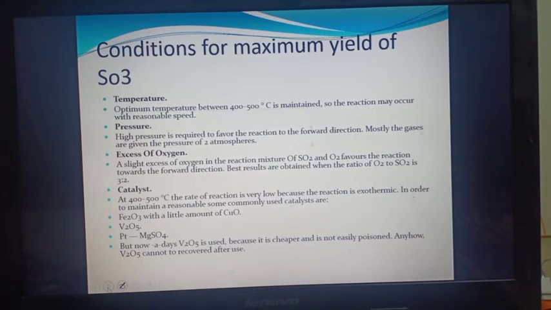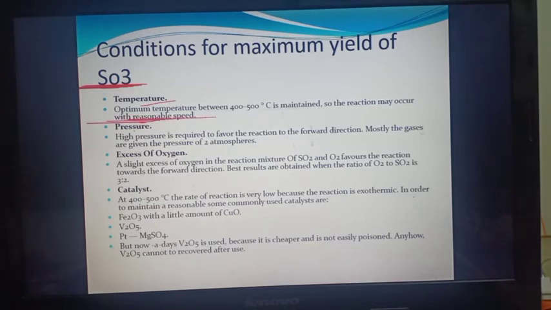Now in this particular contact process, the very essential part is how we can obtain the maximum yield of the SO3. The first thing which we require to maintain is the temperature. The temperature should be between 400 to 500 degrees Celsius so that the reaction takes place at a reasonable speed.